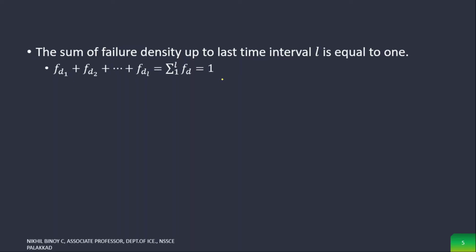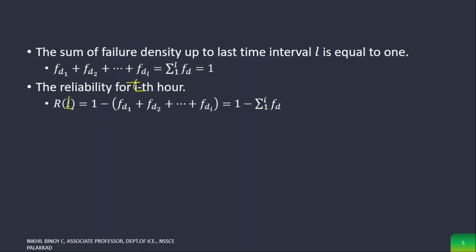Then the next important concept is reliability. Reliability for the ith hour, for convenience we can write it as for the tth hour, R of t, is equal to 1 minus (fd1 plus fd2 plus etc. plus fdi), that is equal to 1 minus sigma 1 to I fd.